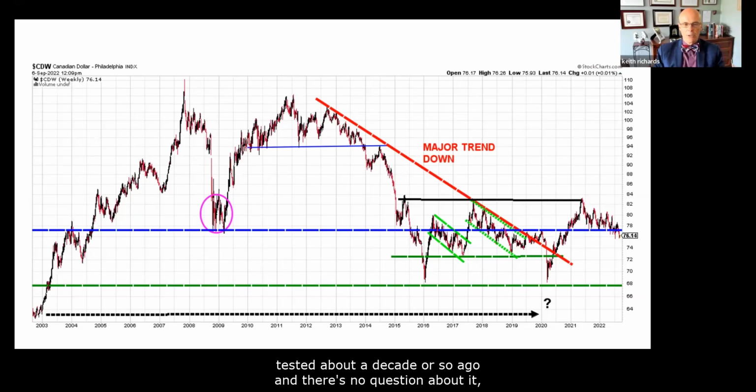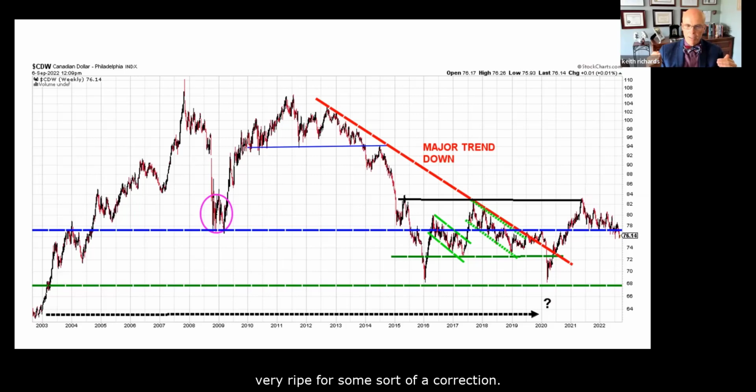When you look at the US dollar on its own merit, in other words, not comparing it, just how the US dollar has done compared to that basket Craig was just talking about, the DXY basket, it's at all-time highs, and it's overbought by every momentum parameter you could look at. So it is very ripe for some sort of a correction.